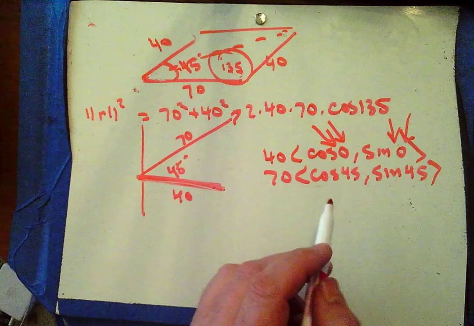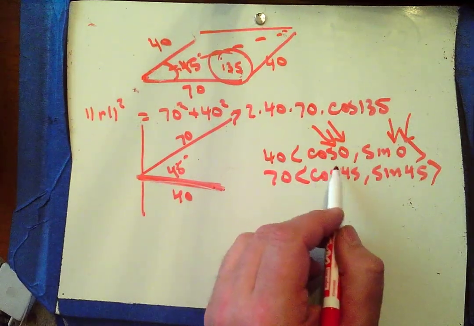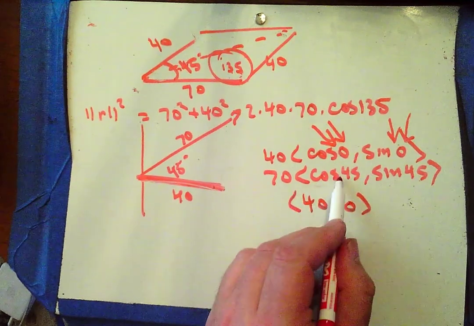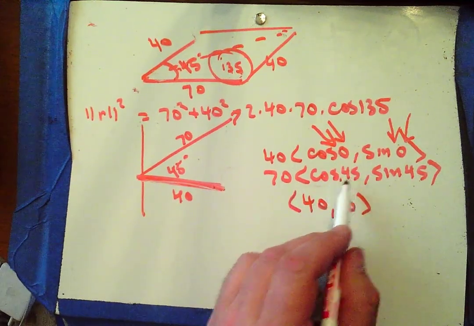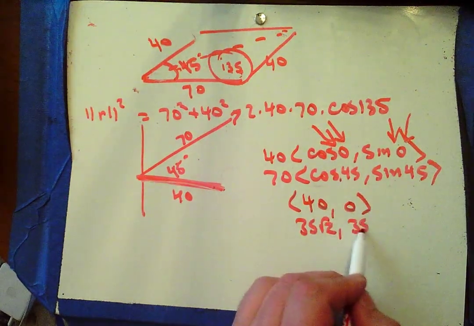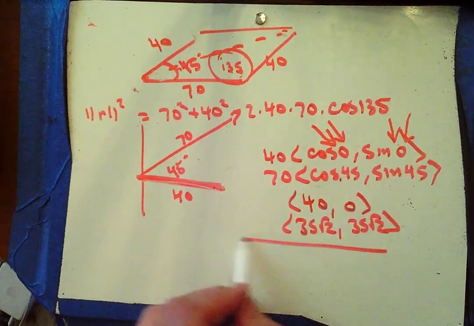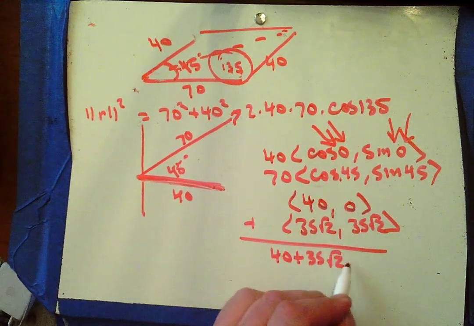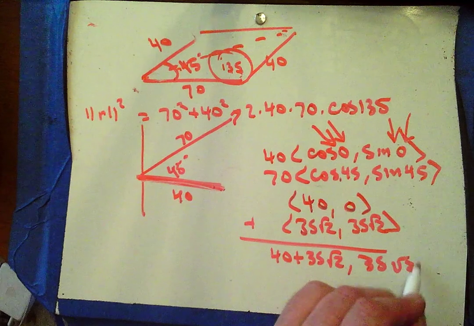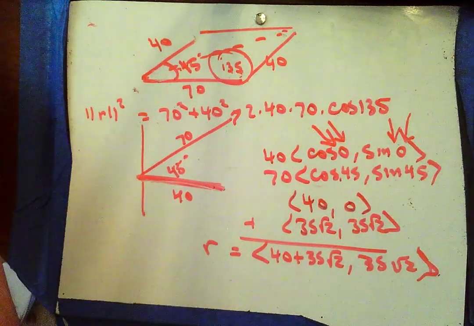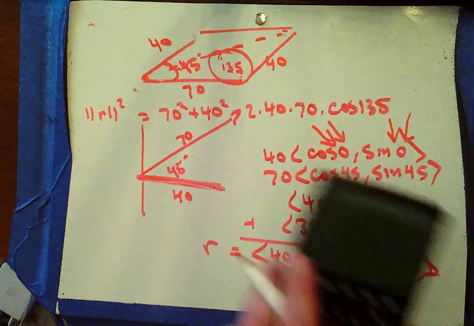Okay, so what do we have here? Cosine of 0 is 1, sine of 0 is 0, cosine of 45 is root 2 over 2, so 35 root 2, 35 root 2, and we add down, and we get 40 plus 35 root 2, comma, 35 root 2. There is our component form of r, and we're looking for the magnitude of r.